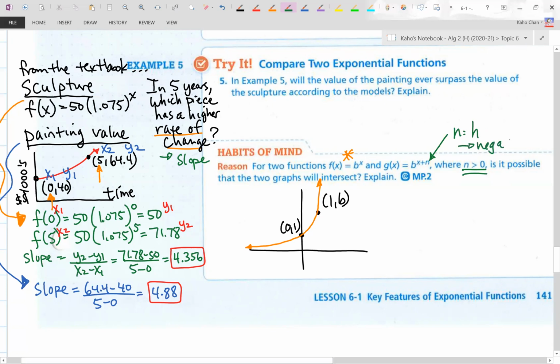Remember the formula is x minus h. If my n value is positive, I have to think opposite of plus n, I have to think minus n. So when it's negative, it's going to shift left.